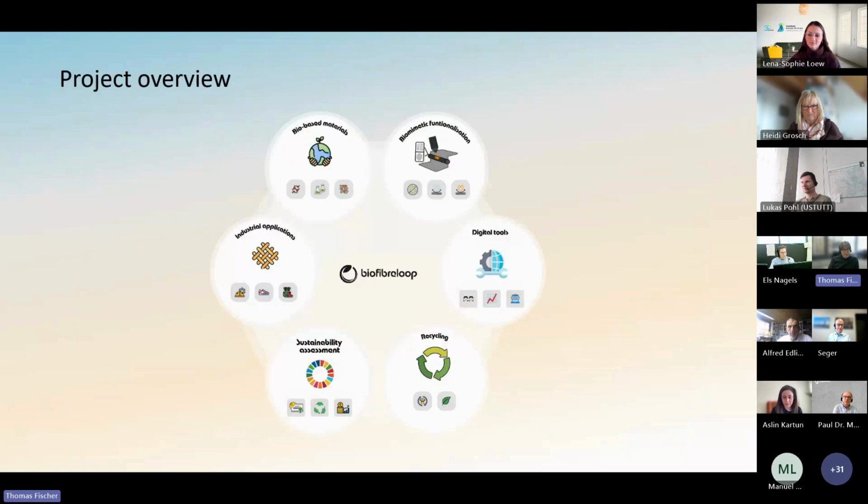Basically, we have 6 pillars in our project. We have the bio-based materials. We have this biomimetic functionalization of textiles. And then we have the digital tools that pretty much cover these 2 process aspects. Then we have the industrial applications, the upscaling of this lab process we are working on.